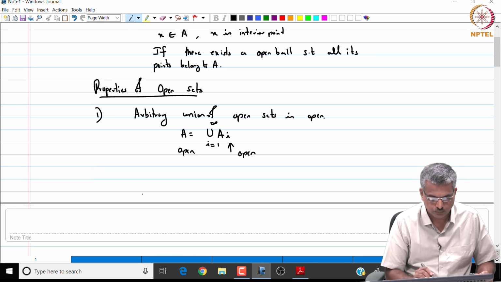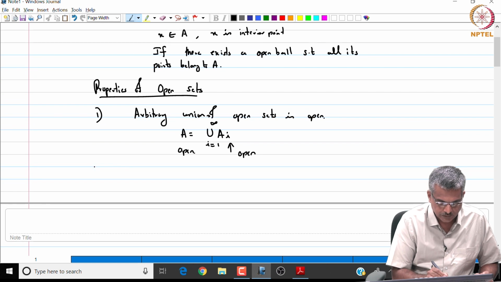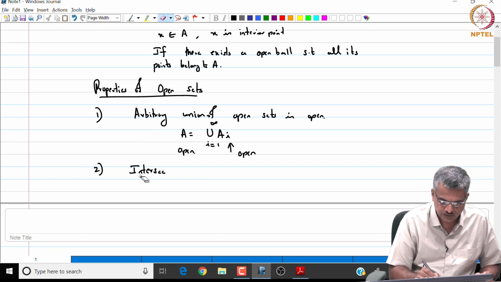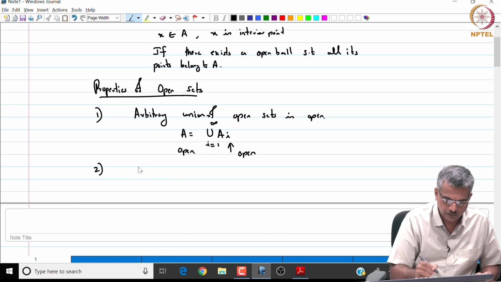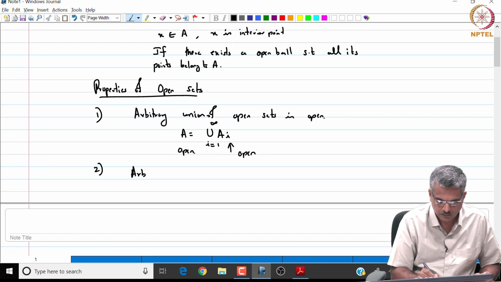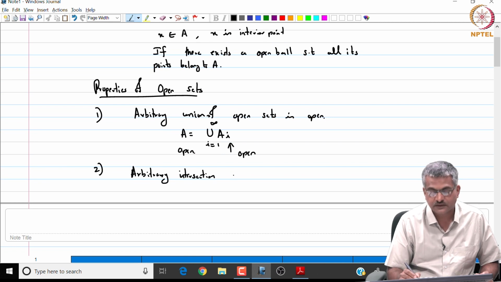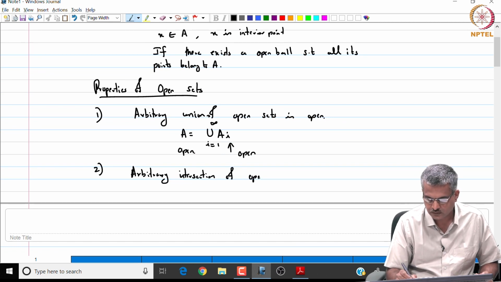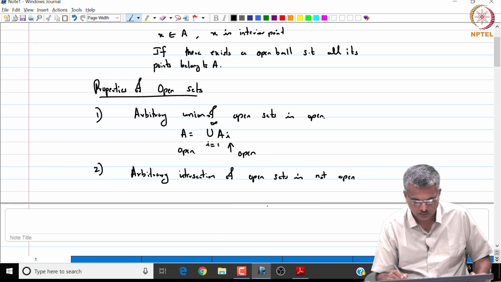One can prove that, but what is important is that you can show that an arbitrary intersection of open sets is not necessarily open.